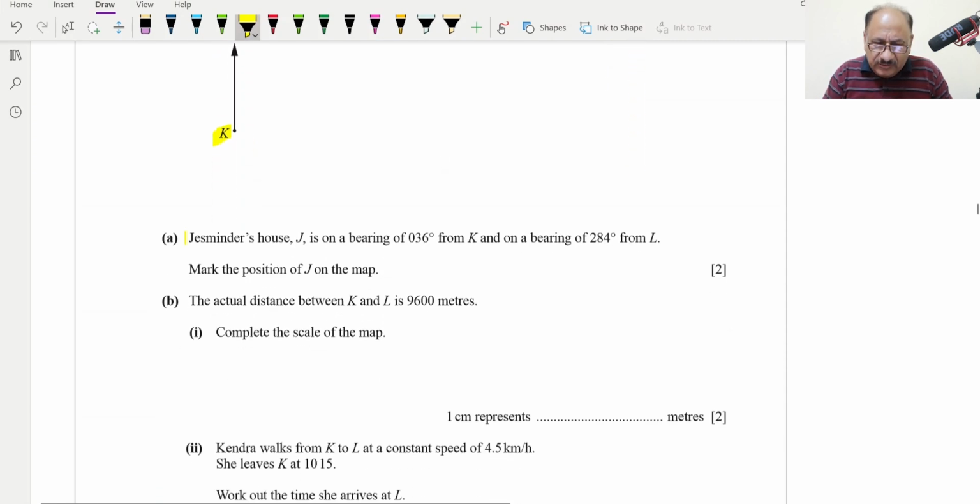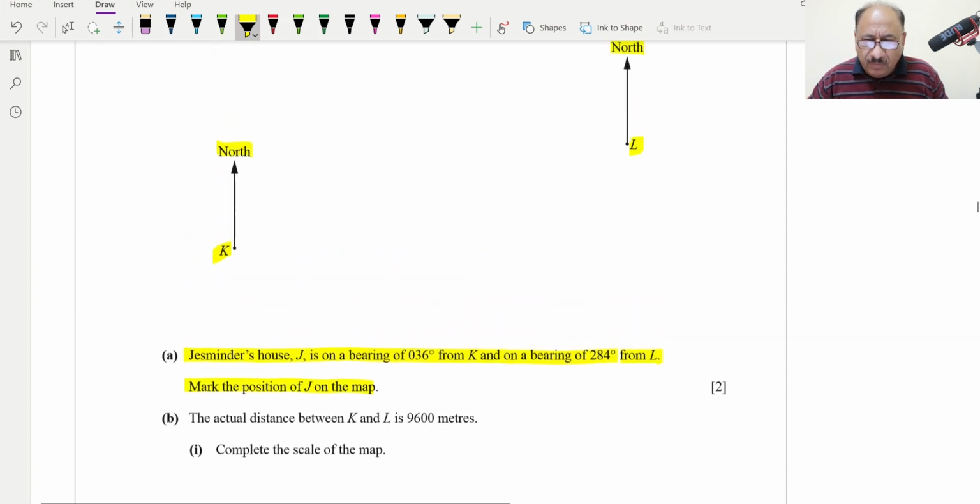Now Jess Minder's house J is on a bearing of 036 from K and on a bearing of 284 from L. So these are the two bearings which we need to identify. Mark the position of J on the map.